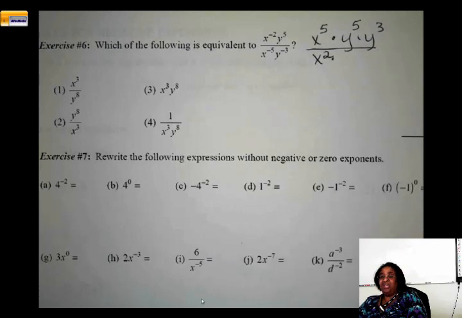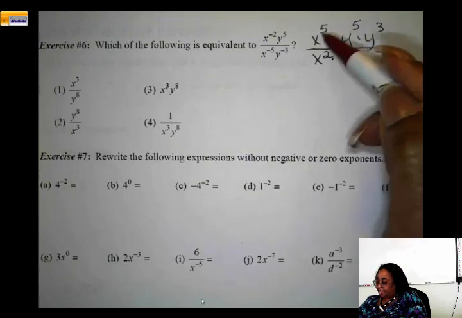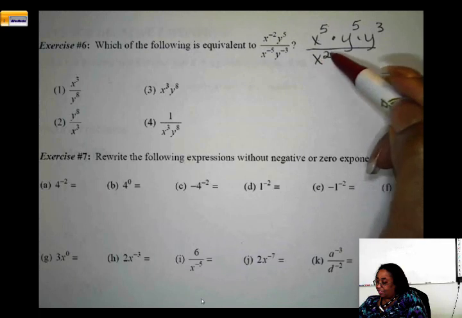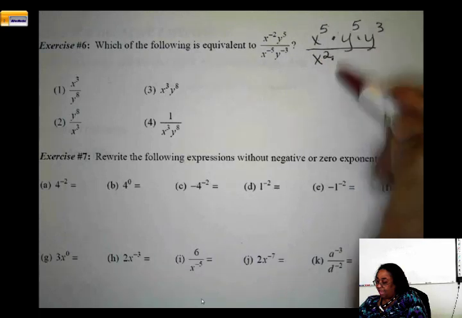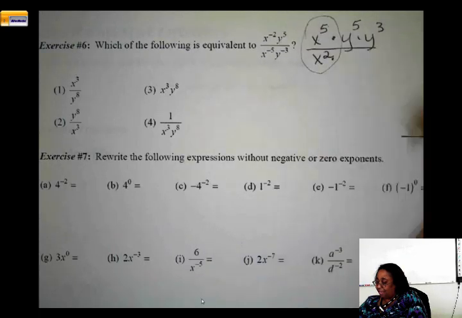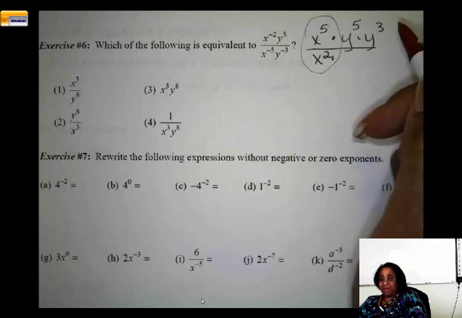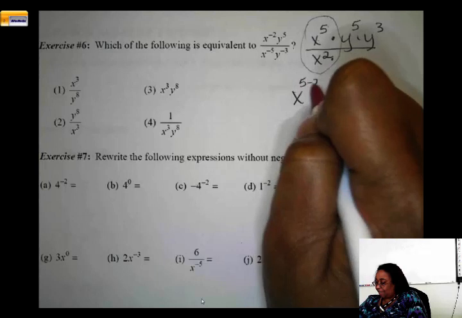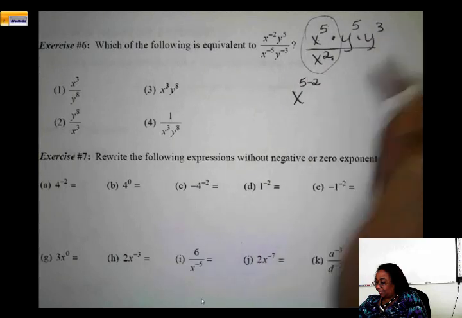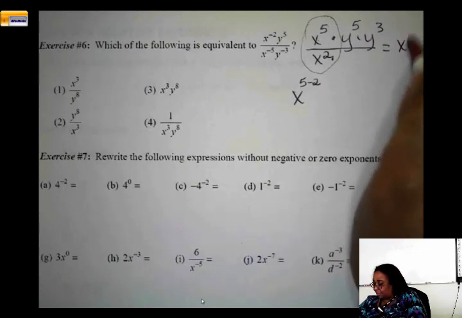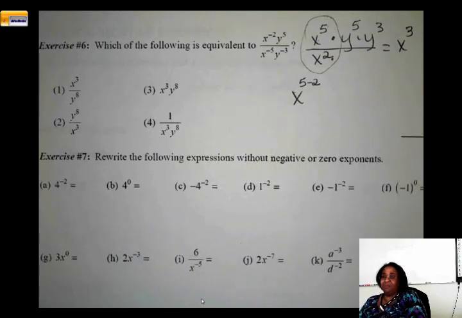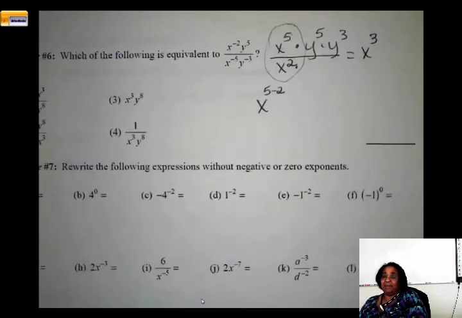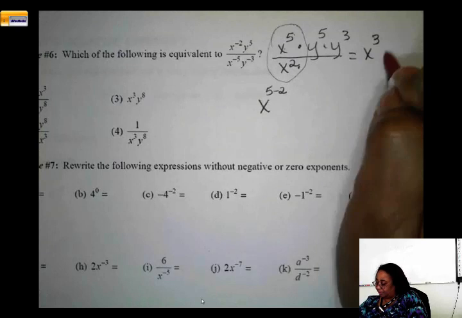Now I got to do the other rules. I have x to the 5th and x to the 2nd, but they're being divided. So how do I figure that part out? That would be x to the 5 minus 2, which is x to the 3rd, and it's positive. And what's happening with the y's? The y is going to become what?